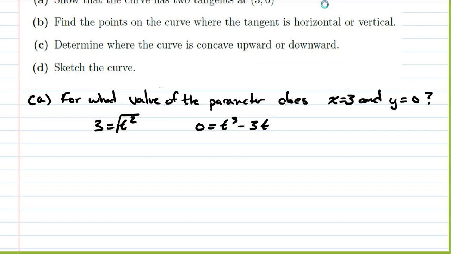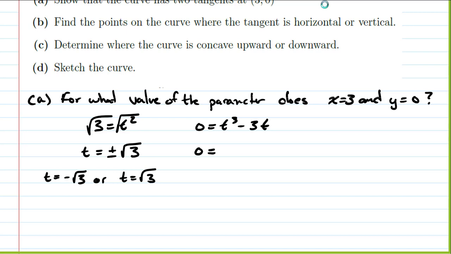So we solve each of these equations. For our first one, we get t equals plus or minus the square root of 3. So our two possibilities are t equals the negative square root of 3 or t equals the positive square root of 3. We do the same thing with our y equation. We factor out a t, and that gives us t times (t squared minus 3). And that gives us t equals 0 or t squared minus 3 equals 0.